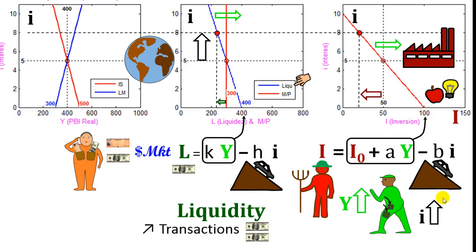Now, what happens in the real world if interest rates go up? In the money market, where you have to decide whether to hold bonds or money, if the interest rate is low, and in Argentina this would be a very low interest rate, then there's not much incentive to keep bonds because the interest rate is low, and then we have more preference for liquid money.